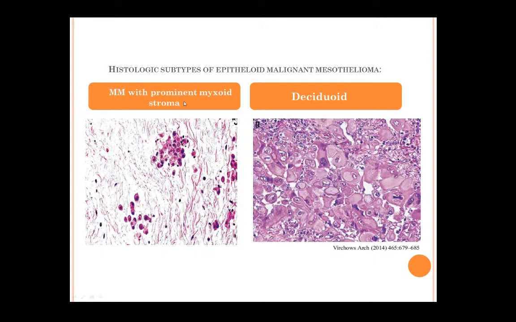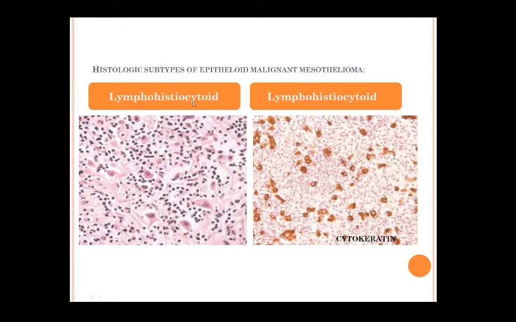Malignant mesothelioma with myxoid stroma. Usually this pattern is associated with favorable prognosis and improved survival. The deciduoid pattern is associated with adverse prognosis. Usually the cells are large, well demarcated, and have a glassy cytoplasm.